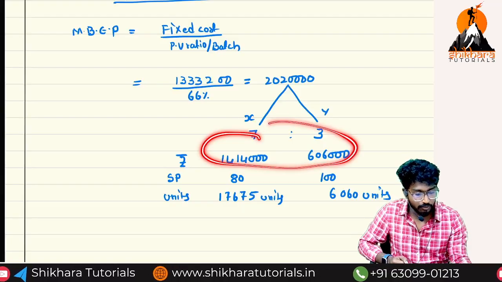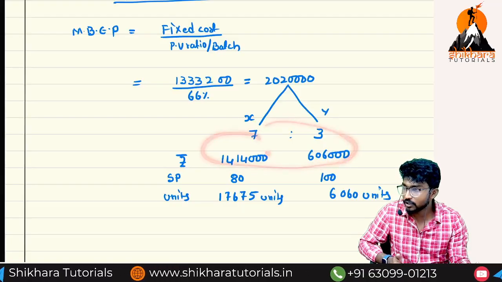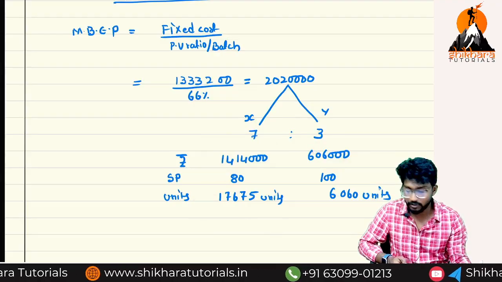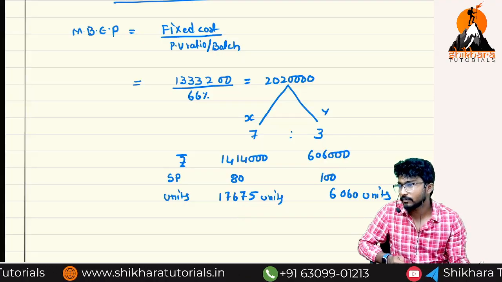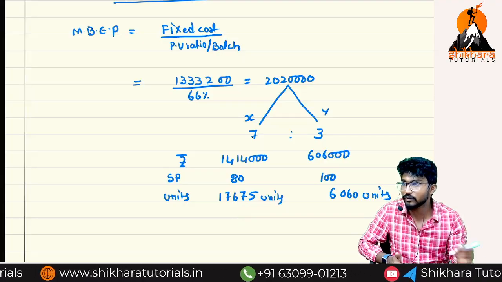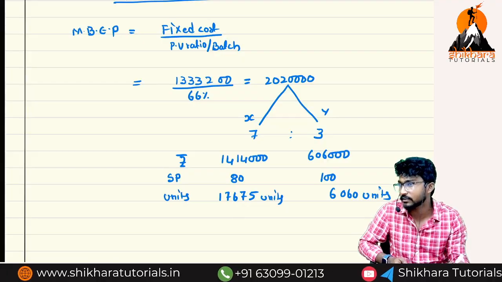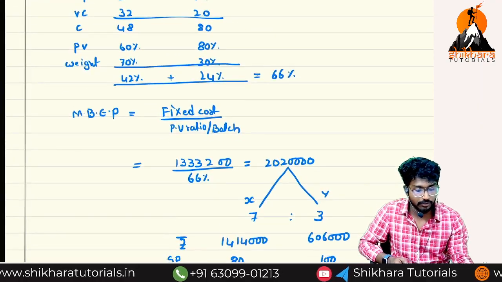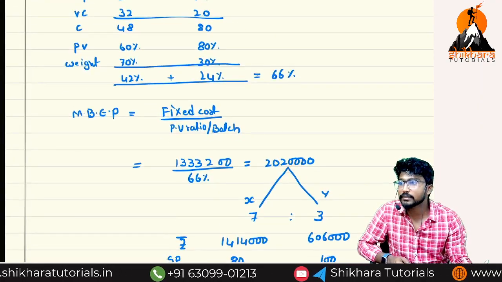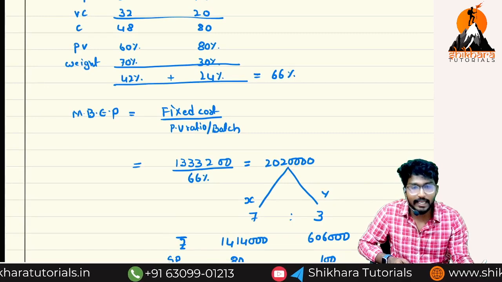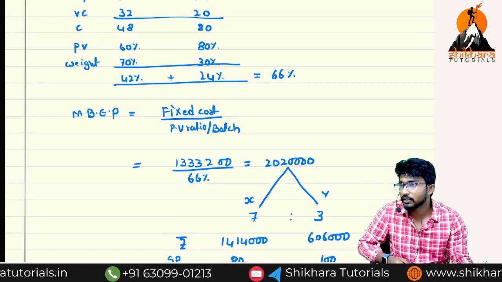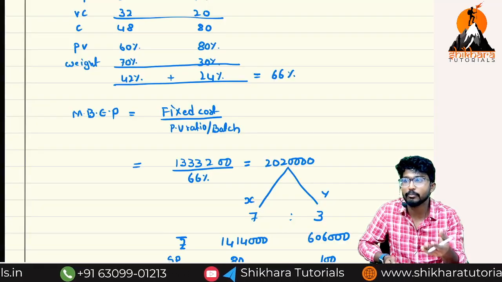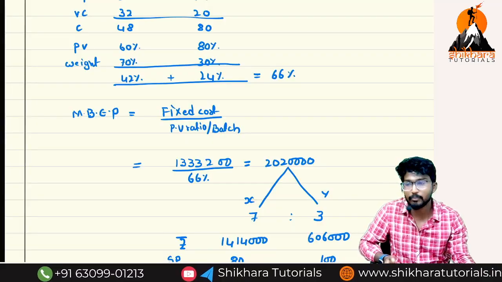Here, this value is in the ratio of 7:3, but not for the units. They asked the ratio for which one, Nana? Value, nothing but rupees, but not units. That means if you sell 20 lakhs 20,000, then you will reach the break even point or break even sales.